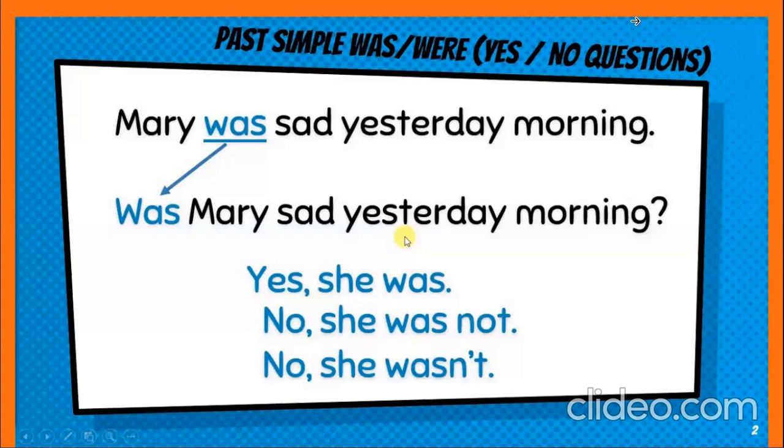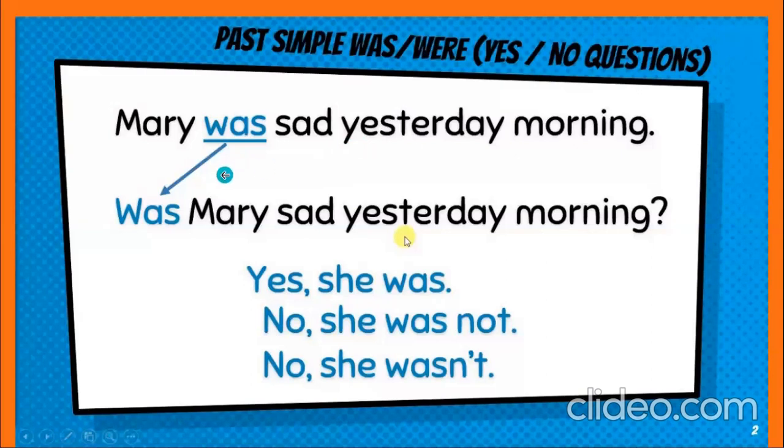So we need to have always the subject. In this case is Mary. Was, in this case is the past of verb be. Sad, yesterday morning. So it says Mary was sad yesterday morning. María estaba triste ayer por la mañana.